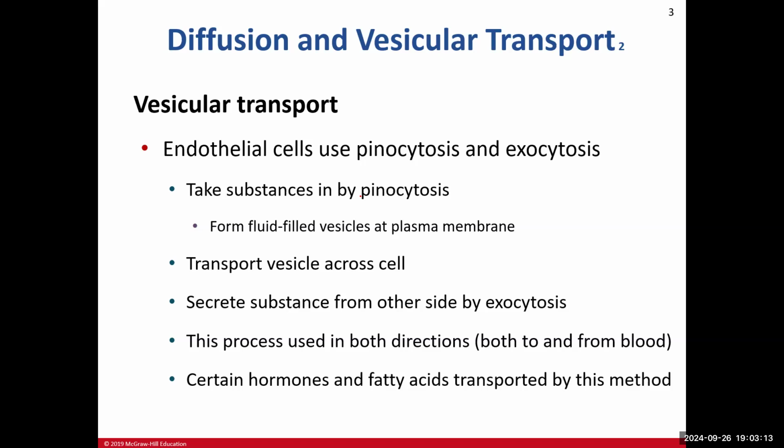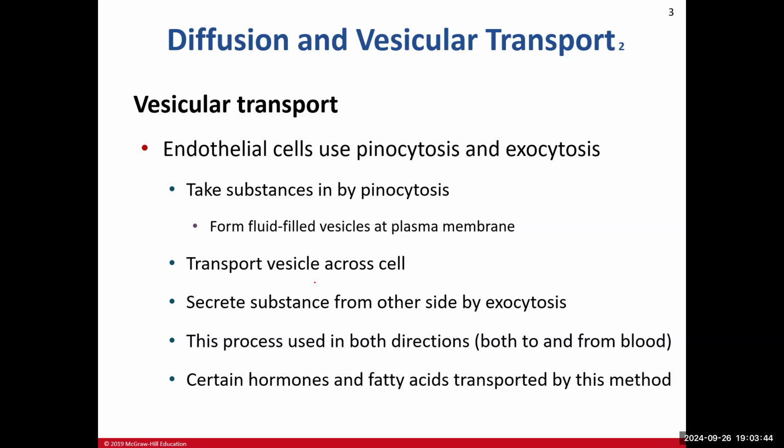Pinocytosis we nicknamed cell drinking, where substances that are outside, usually fluid type substances, the cell just kind of extends these little pseudopods around those substances, and then forms a bubble around it, a vesicle, and then it'll pull it to the inside. Exocytosis, think exit, right? We are going to get rid of stuff that's inside the cell and push it to the outside of the cell.